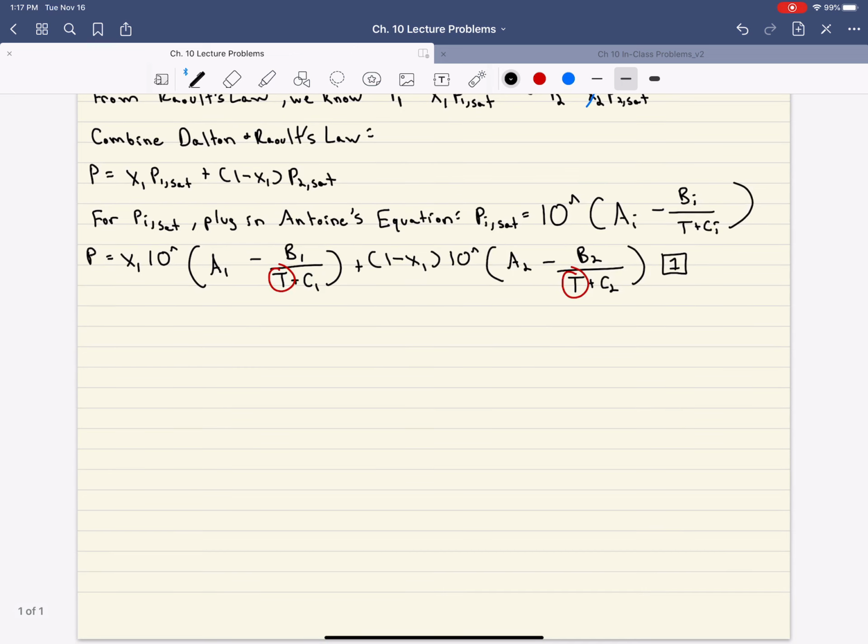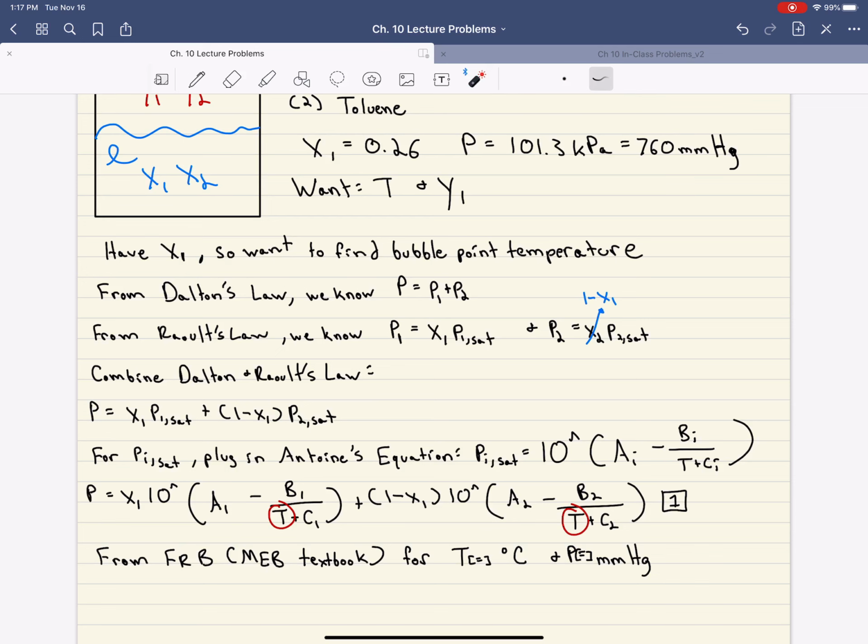The way we could figure out those constants is we could just look them up. If you remember from your Mass and Energy Balance 2 book, the Felder, Rousseau, and Bullard MEB textbook, one of the appendices lists the Antoine's equation constants for various chemicals. In the constants that they list, the temperature that you would plug in would be in degrees Celsius, and the pressure that you would get back out would be in millimeters of mercury, hence why I did that unit conversion earlier.